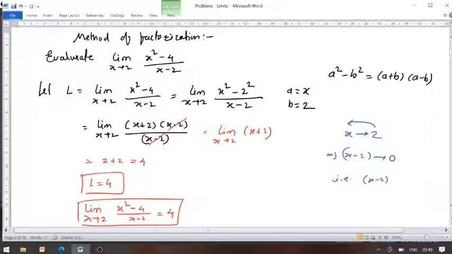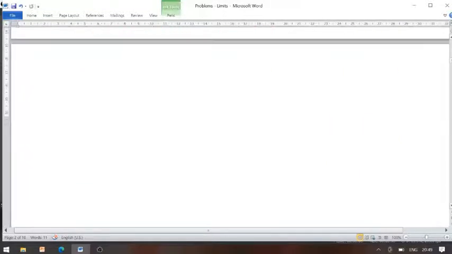So under the method of factorization, I would like to write the standard type. The limits are of the form limit as x tends to a of the rational function f of x divided by g of x, where on substituting x equal to a, the value of the given limit is of the 0 by 0 form, meaning the indeterminate form.